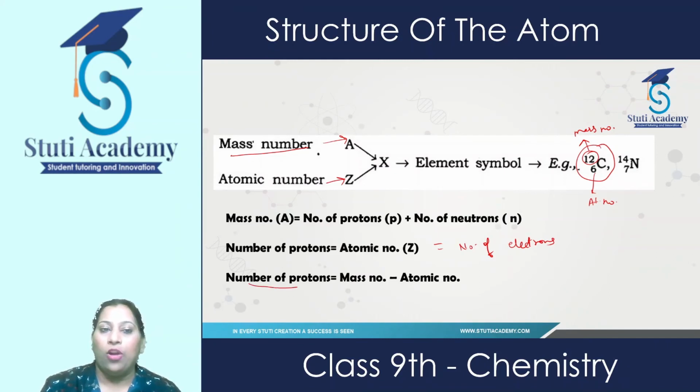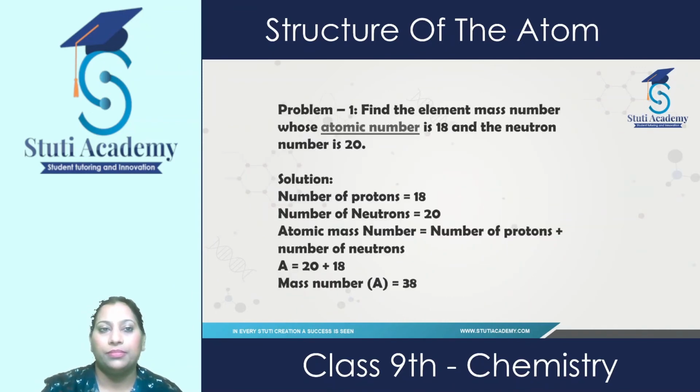If we need to find out number of neutrons, the formula is mass number minus atomic number. These types of questions can come in the exam. First is: find the element's mass number whose atomic number is 18 and the neutron number is 20.